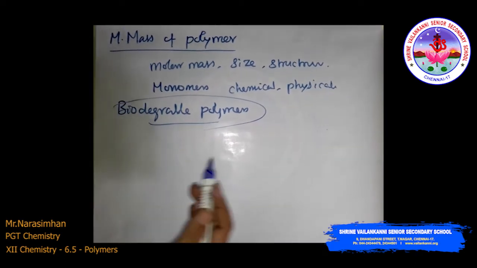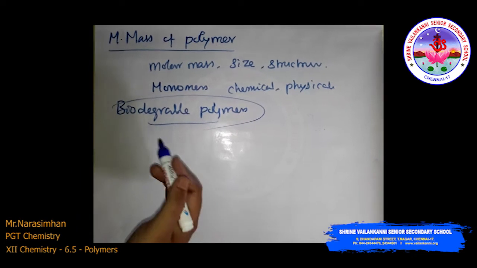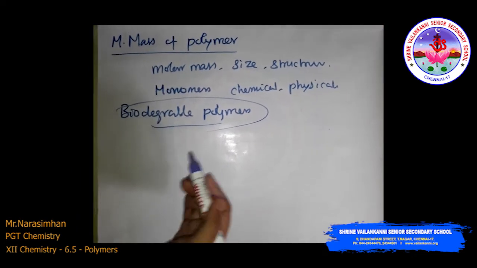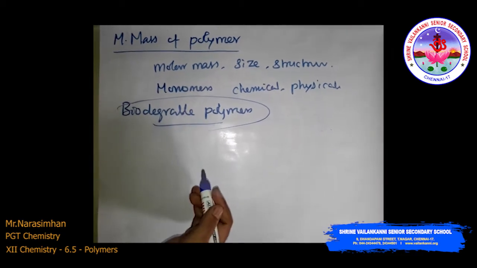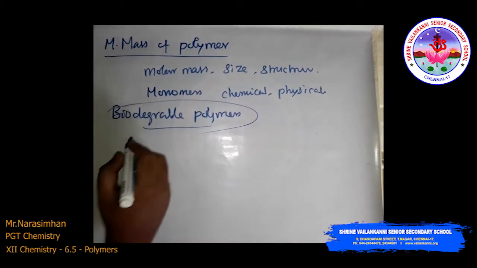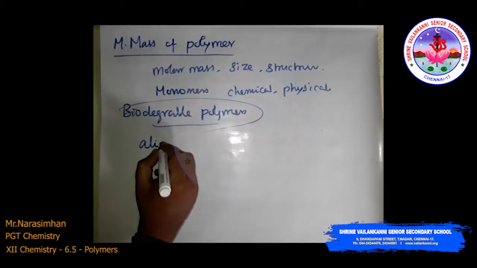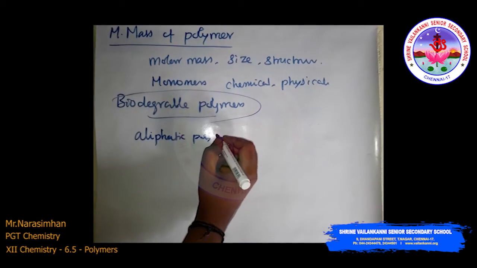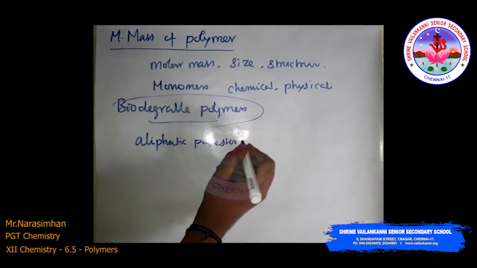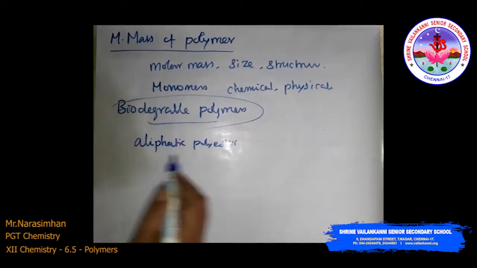Synthetic polymers have been designed and developed containing functional groups present in biopolymers. Aliphatic polyester is one of the most important biodegradable polymers.